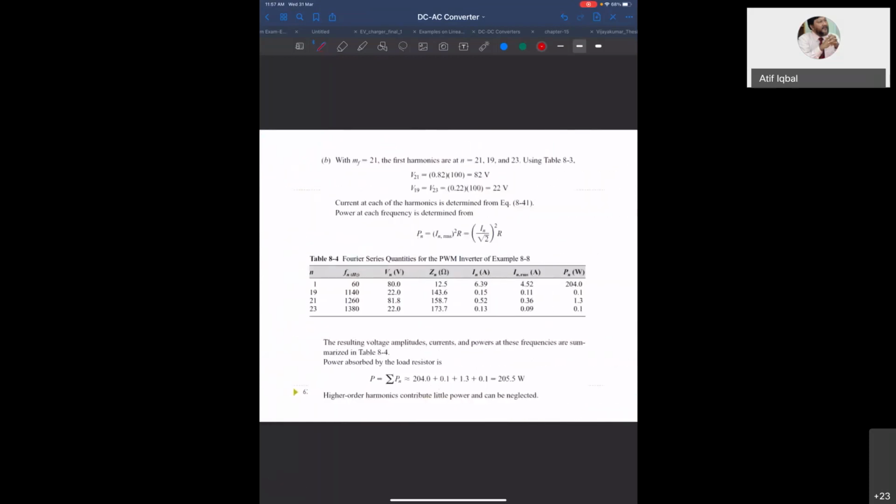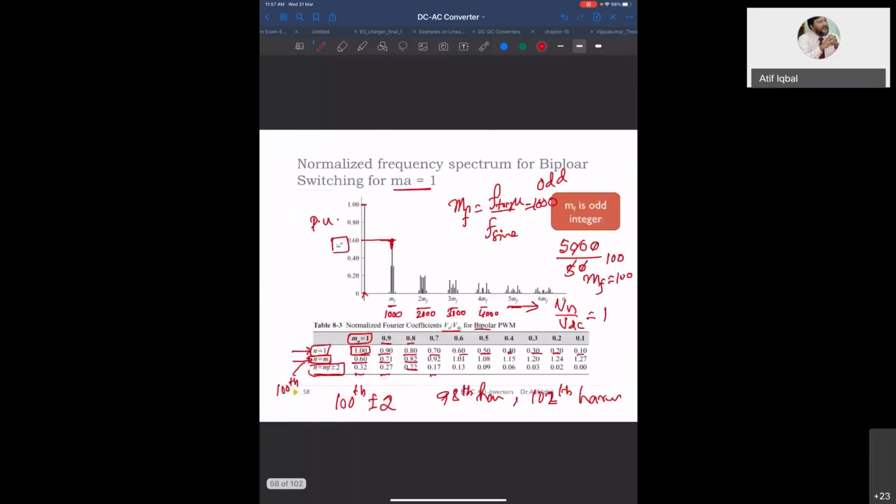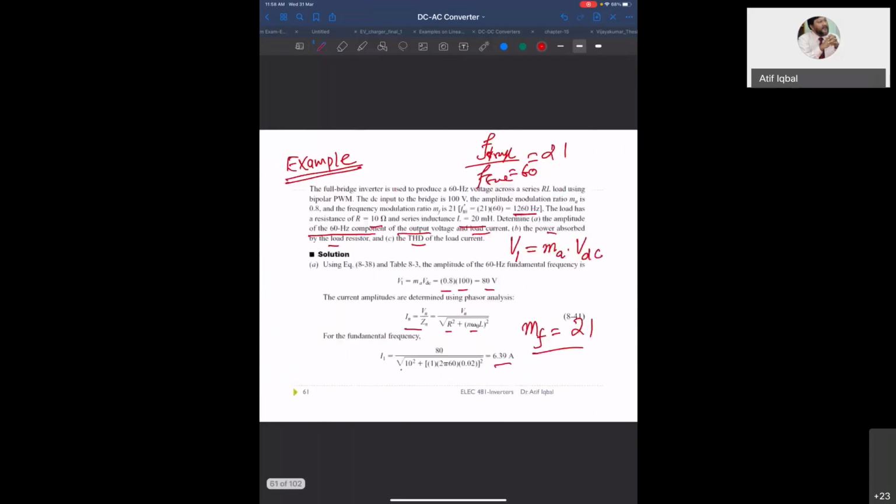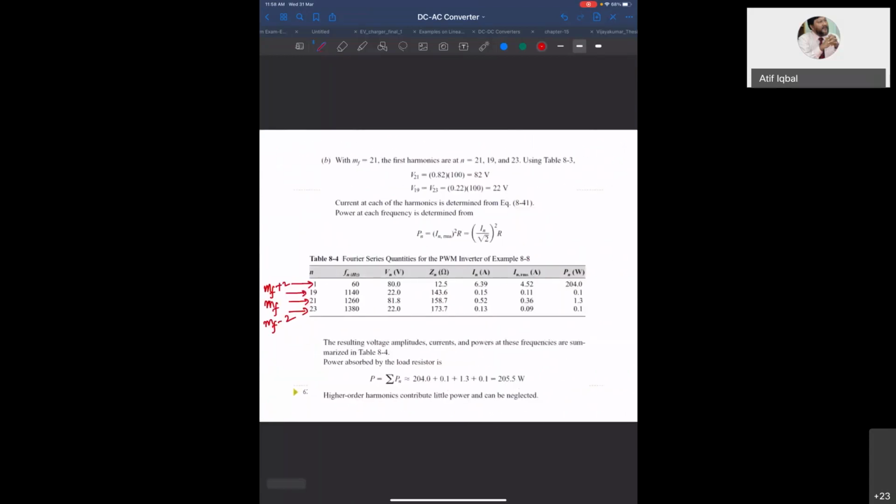So the harmonics are the fundamental, then mf, mf minus 2 and mf plus 2. So mf minus 2 is 19 and mf plus 2 is 23. The frequencies will be 60 Hertz, 19 times 60, 21 times 60, and 23 times 60.